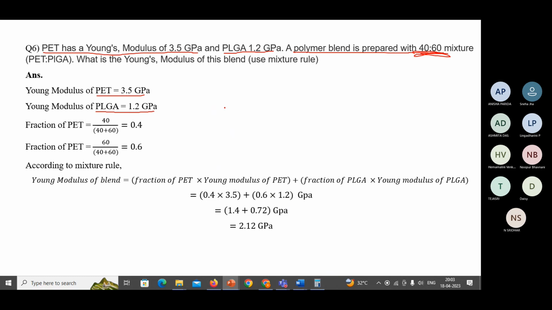So 40:60 means here PET is to PLGA equals 40:60.